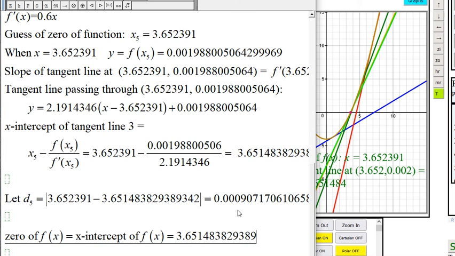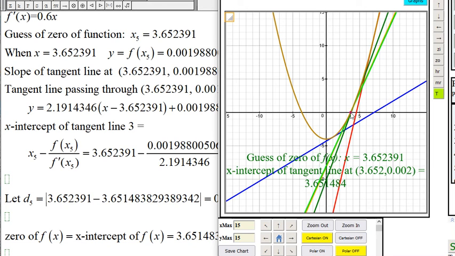And then, like I said, if we're not happy with this difference right here, we want more zeros here, then we would continue on to the sixth iteration, the seventh iteration, the eighth iteration, and so on. And so that's how we would use Newton's method to find the zero of a function, this point right here.